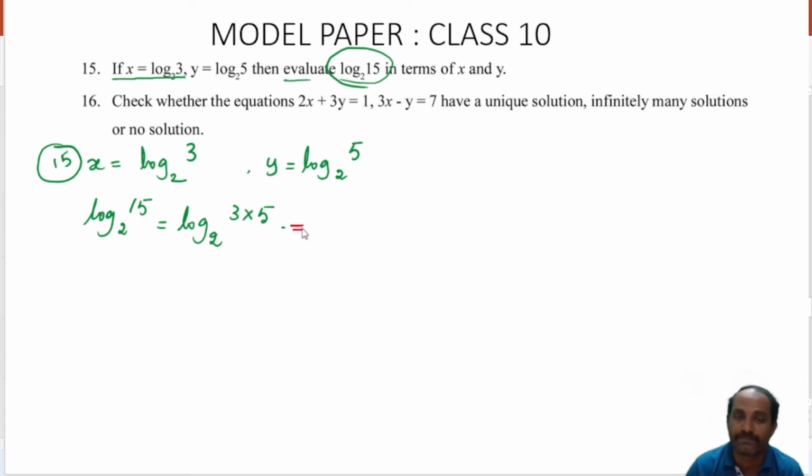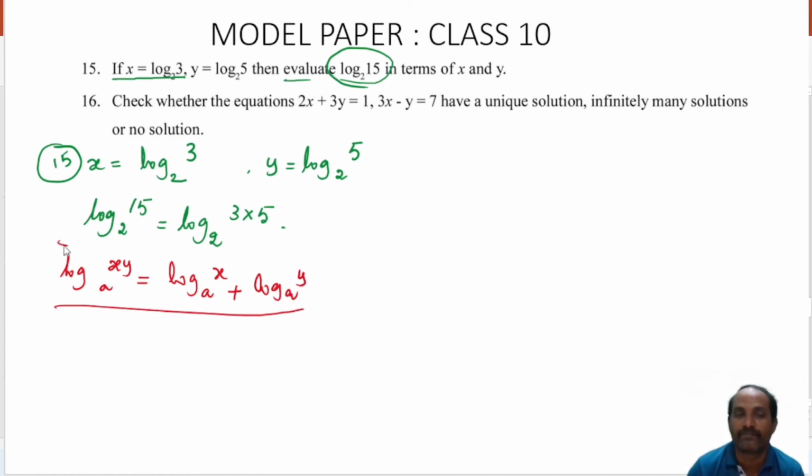Okay, this one is the formula: log xy to the base a is equal to log x to the base a plus log y to the base a. By using this formula, since there is a product in xy, we should write a plus symbol in the middle.